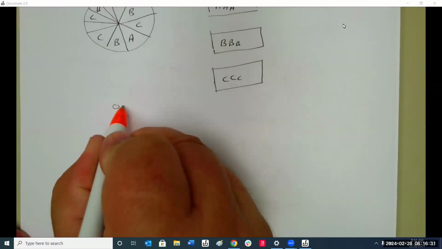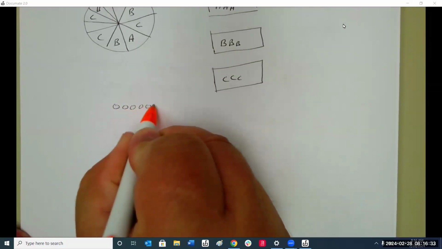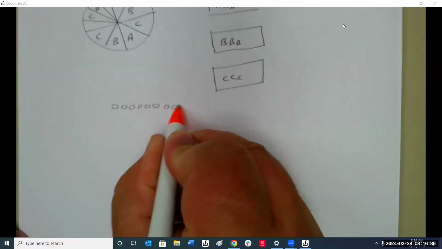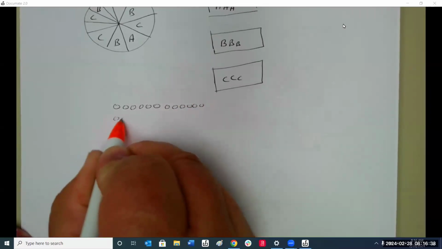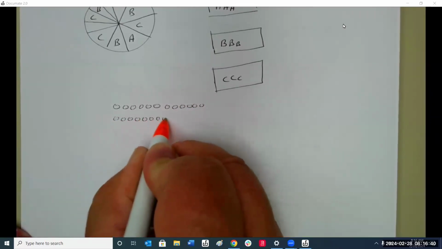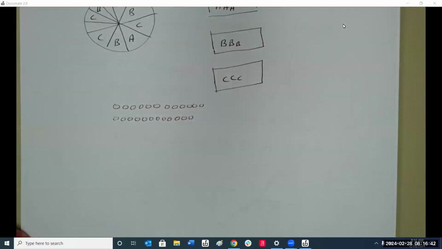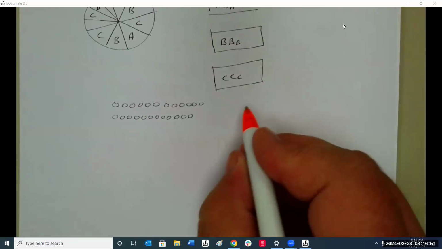Let's say we had 24, we have 24 cookies or Skittles for your class. And you have 8 students.